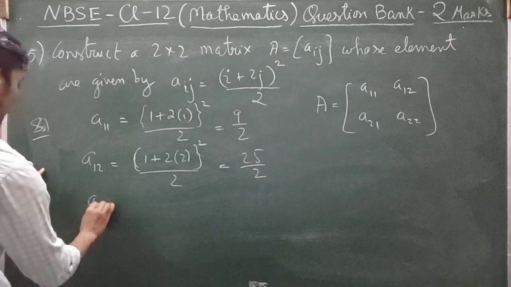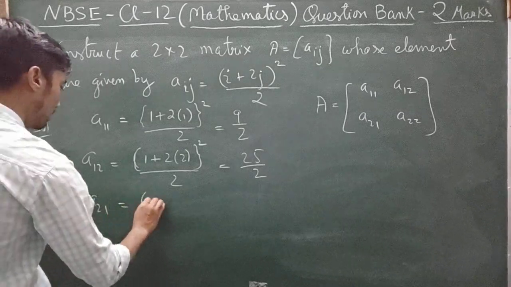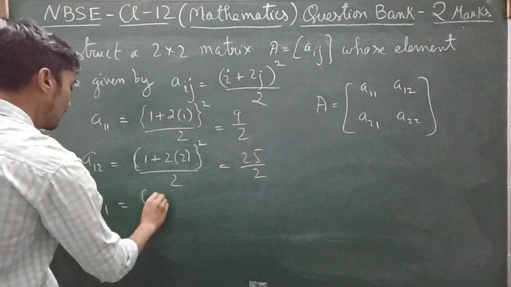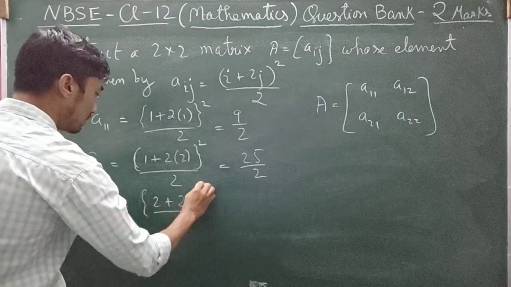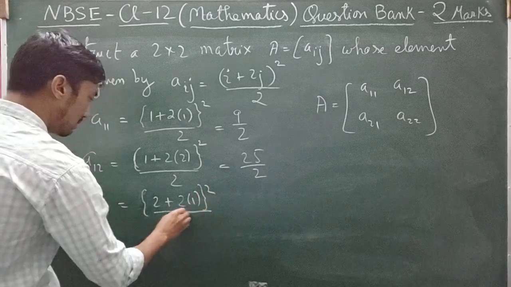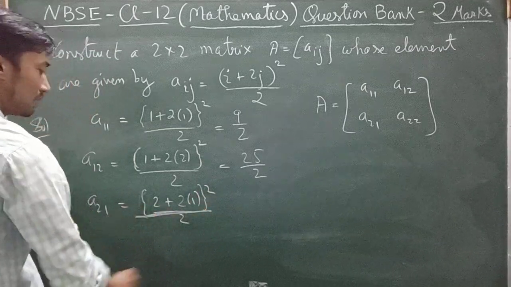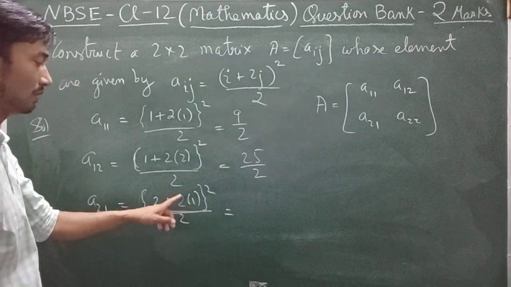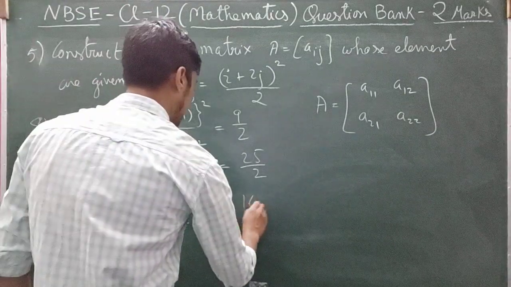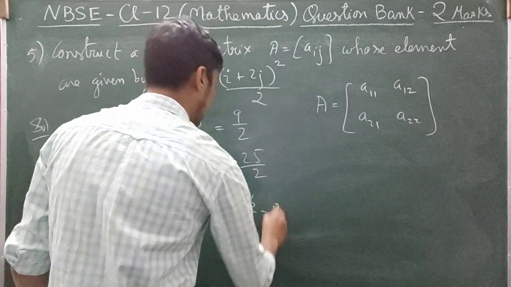I guess that's fine for all of you. Continuing further, A21. So that's going to be 2 plus 2 into 1 whole square divided by 2. This 2 is outside that. So that will be 2 plus 2, 4. 4 square, 16 divided by 2, that is 8.